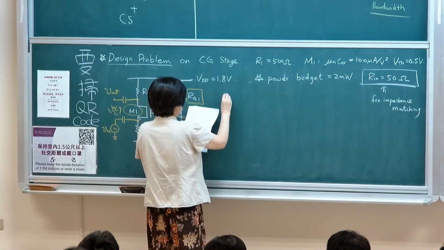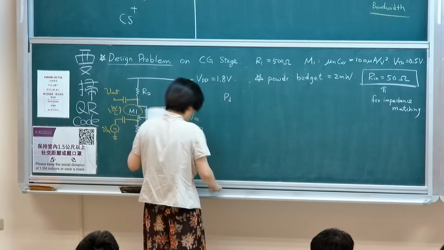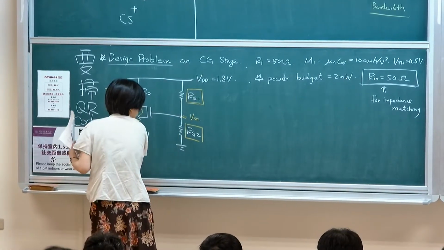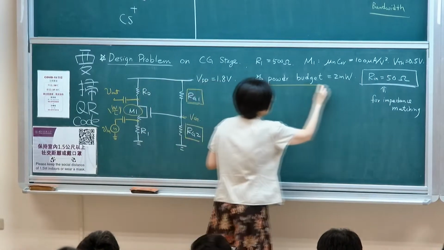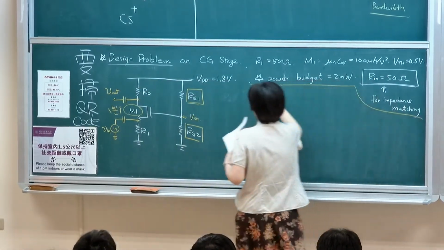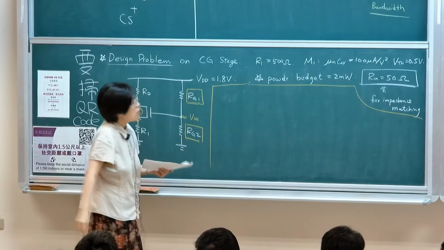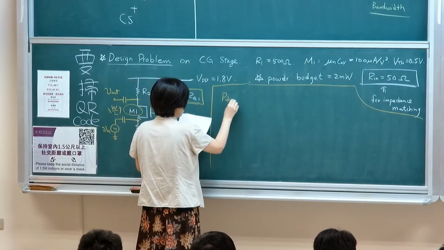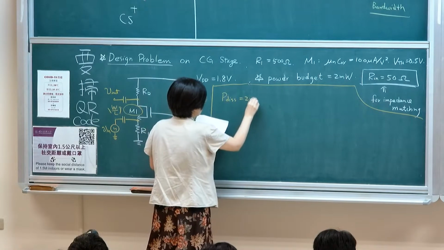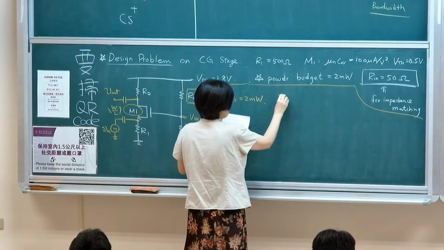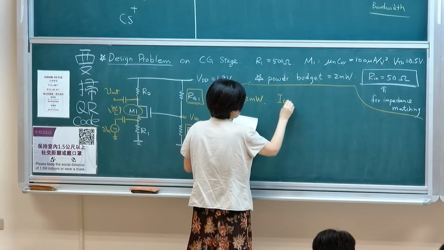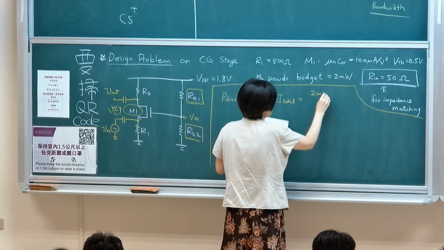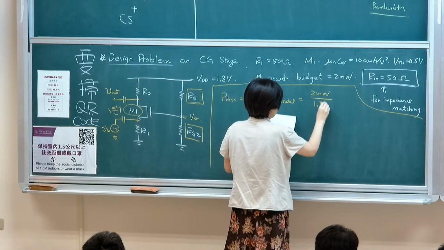So you start with power. Typically you start with your boundary. So let's start the analysis. Your power dissipation limit is 2 milliwatt. So I know that the total power available is 2 milliwatt, divided by 1.8 volt.